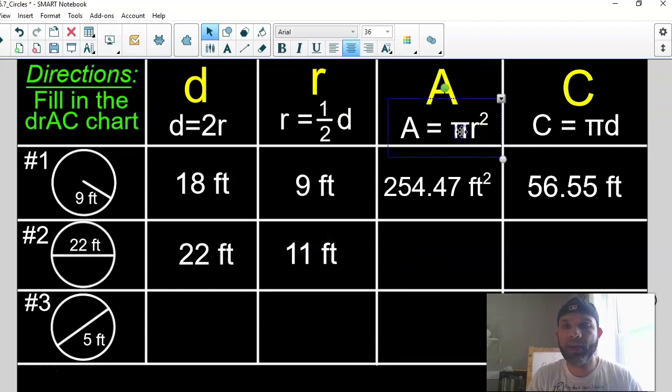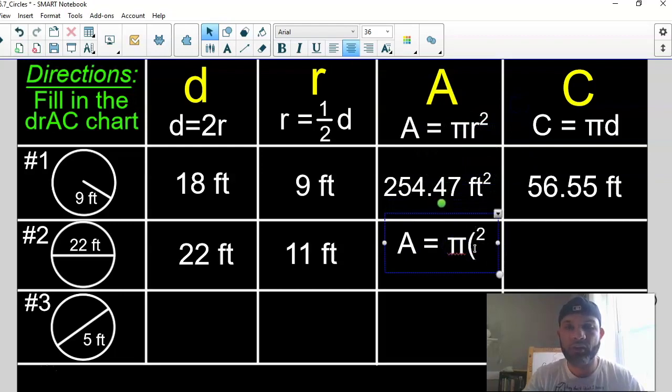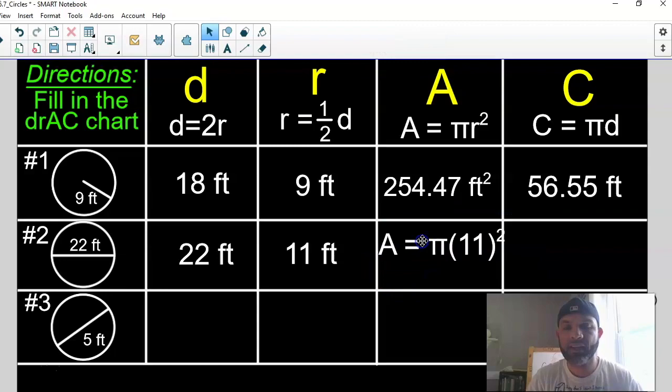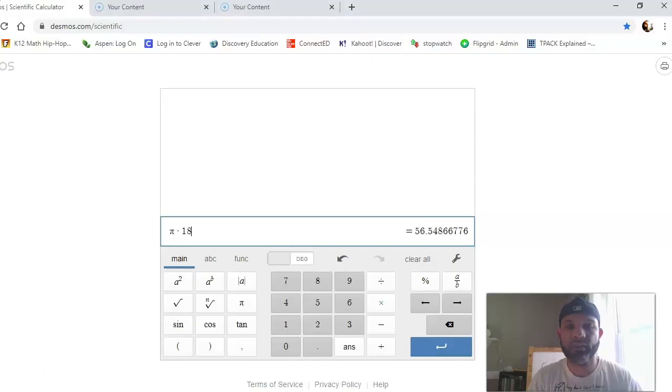Area is going to be pi times the radius squared. All right, so we got to substitute in for the r. What is our radius? Our radius is 11. So we're going to do pi times 11 squared. So let's go ahead and do that. We're going to clear it.